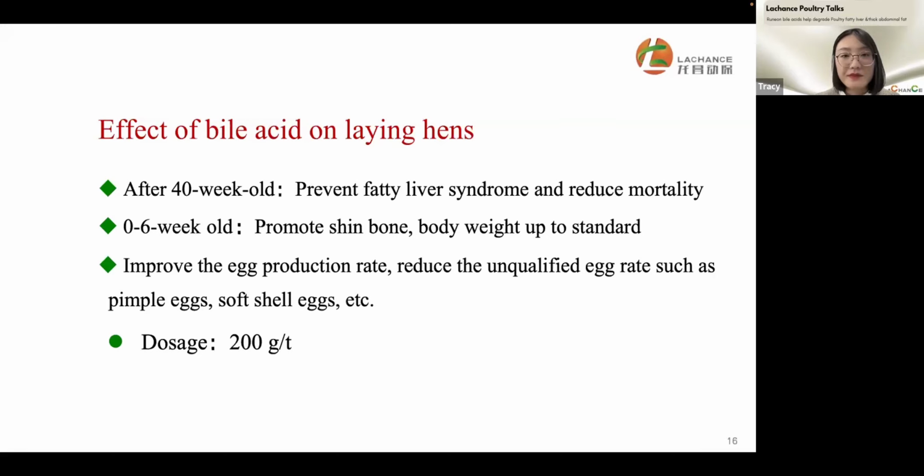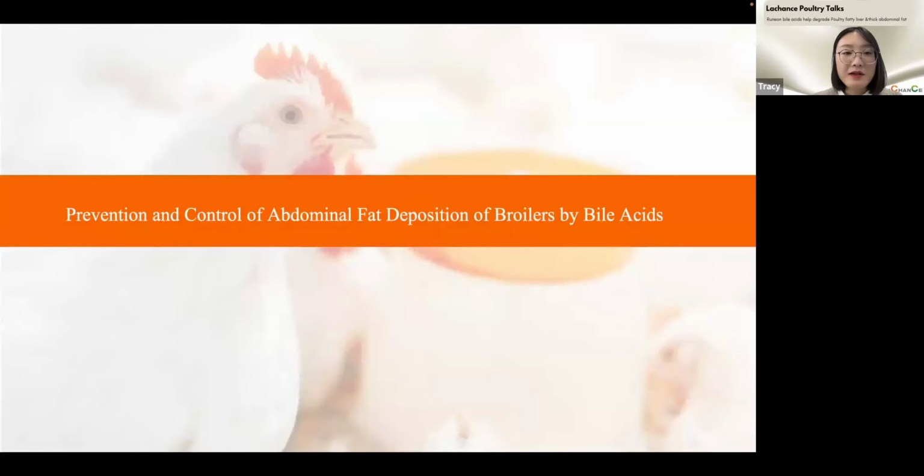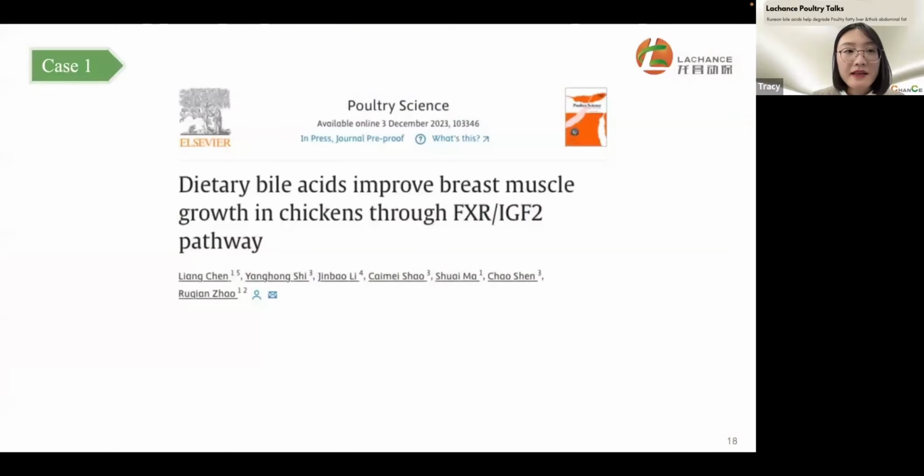And next, I'm going to present the abdominal fat deposition of broilers by bile acids. I mean, how bile acids prevent and control abdominal fat deposition of broilers. The first case that I would like to show you is quite a new scientific article that we just received last year.